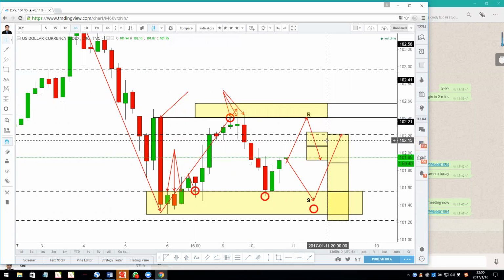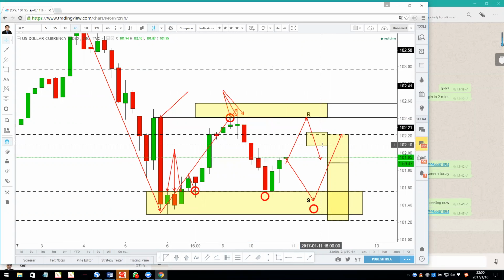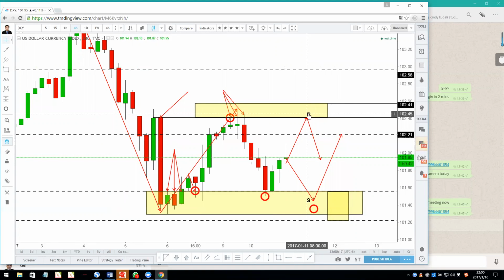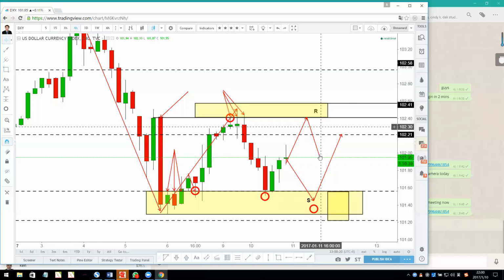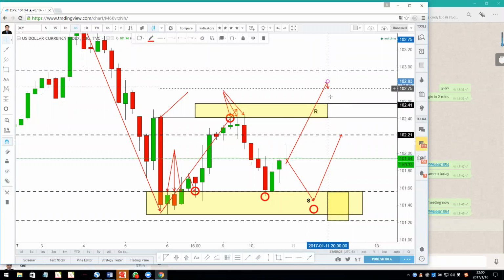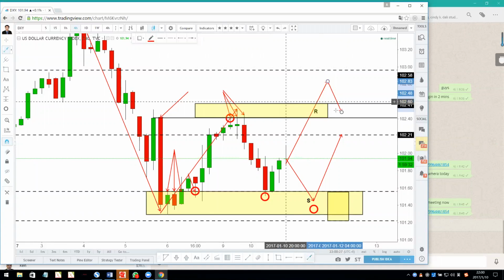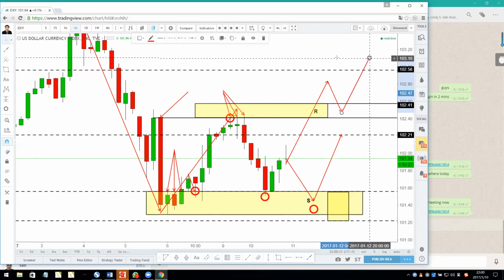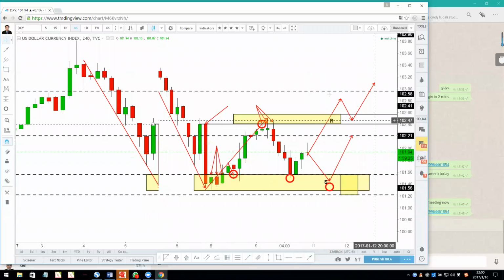Let's discuss it. If this resistance structure is violated, what can you do? Very simple. You see a breakout, you see the pullback, you want to buy, right? And where's your target? Look left.